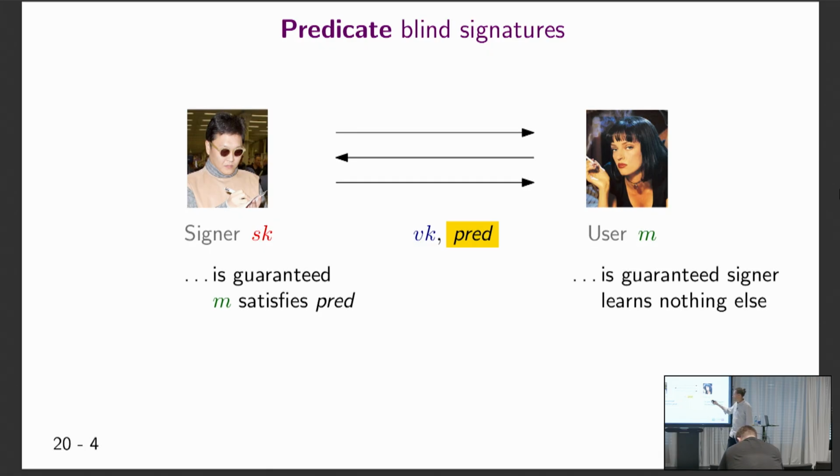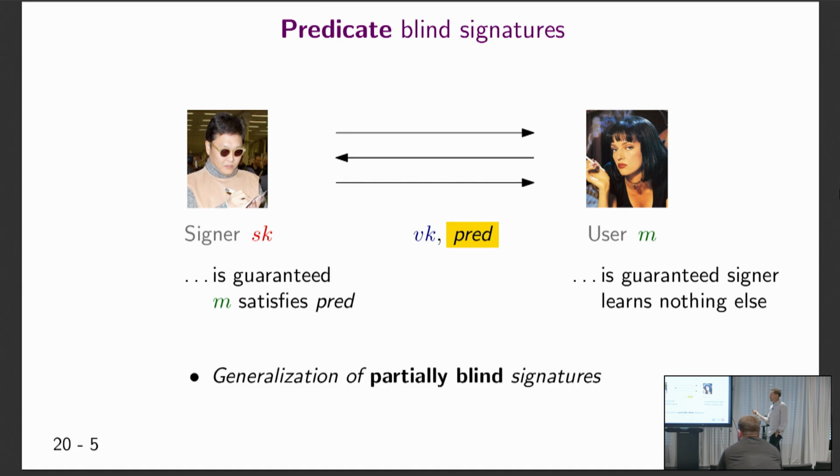And the user still gets the best blindness guarantee, which is that the signer doesn't learn anything more than that the message satisfies the predicate. This is a generalization of partially blind signatures.